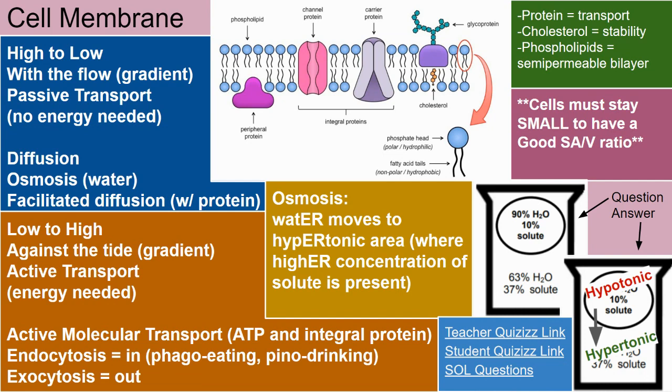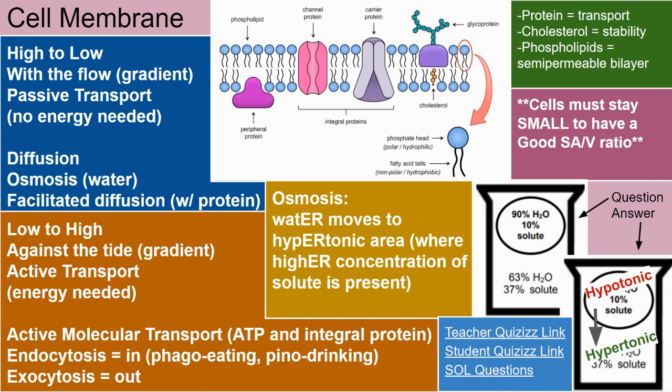So cell eating is phagocytosis, and cell drinking, when it's just taking liquid in, is called pinocytosis. And then we had exocytosis, which is when there's some material inside of the cell and it needs to be pushed out. The cell membrane has a way to push it out. And active molecular transport, which uses ATP and the integral protein, endocytosis and exocytosis are all examples of active transport.